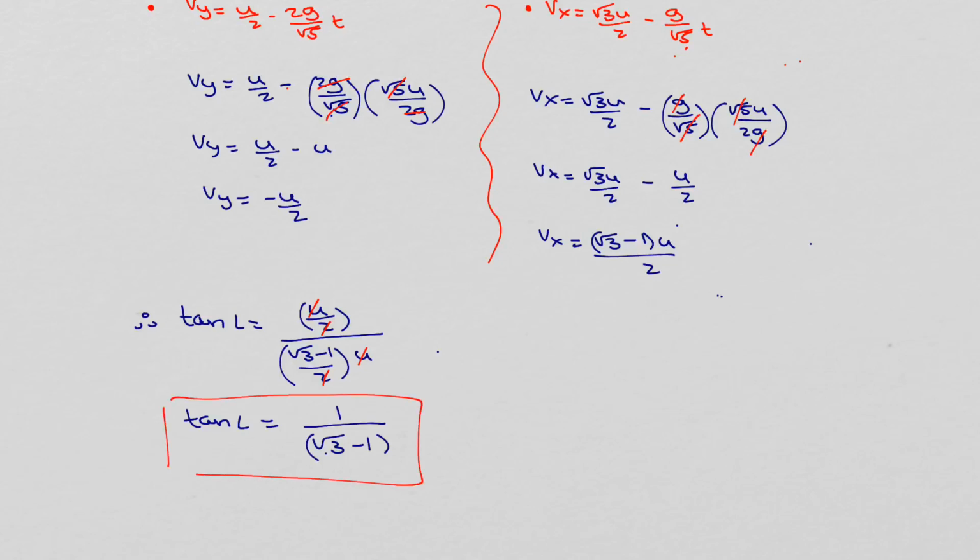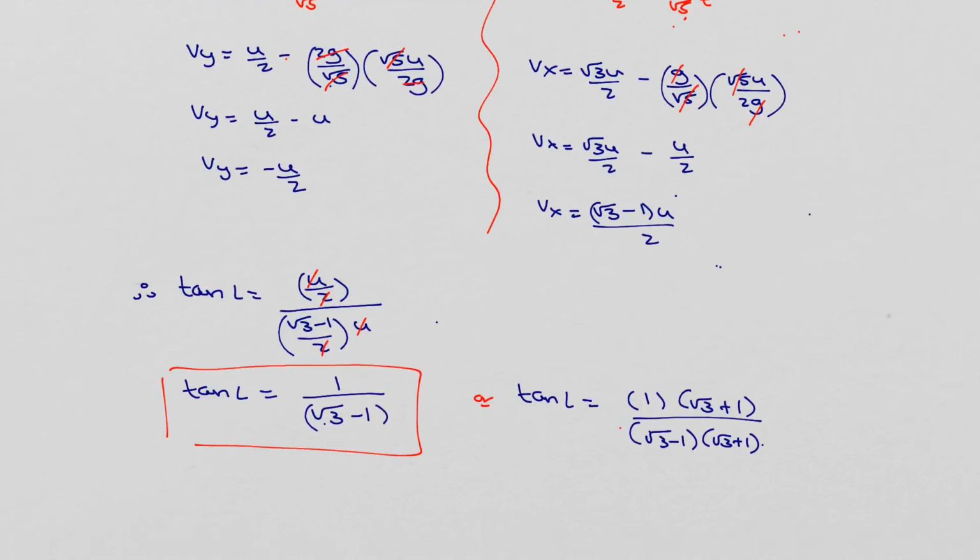Okay, now you could, of course, simplify by multiplying above and below by your conjugate. The other way in which we could write that answer is if I multiply the top by the conjugate, which would be root 3 plus 1, and I multiply the bottom by the conjugate, which would be root 3 plus 1.